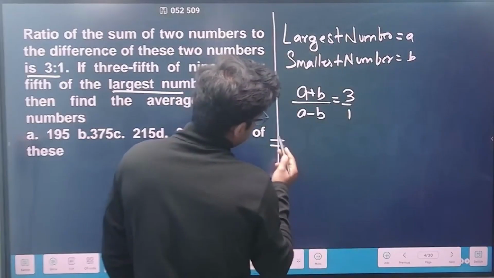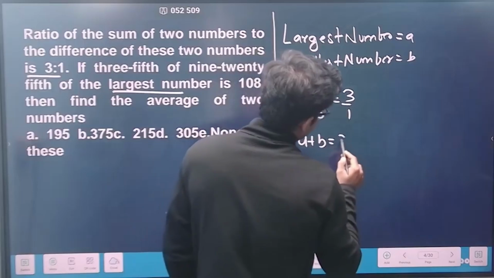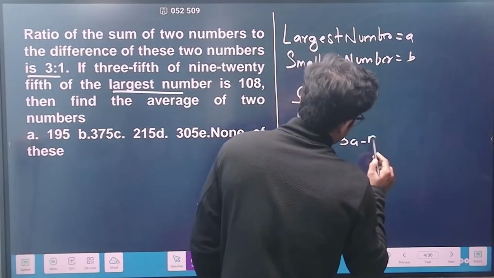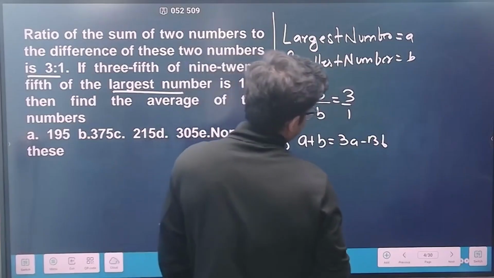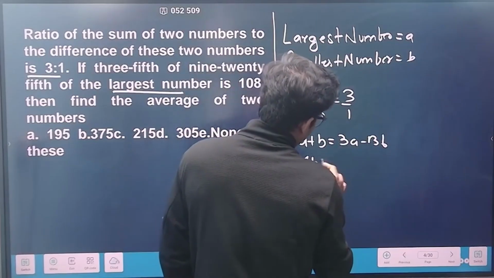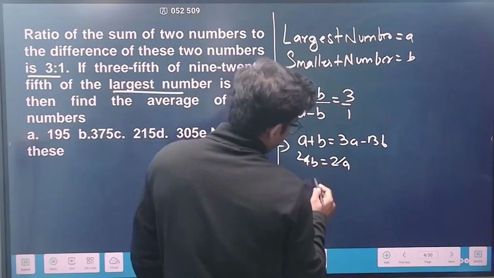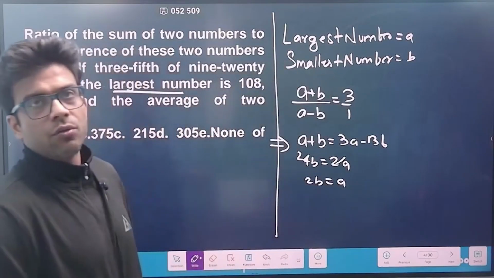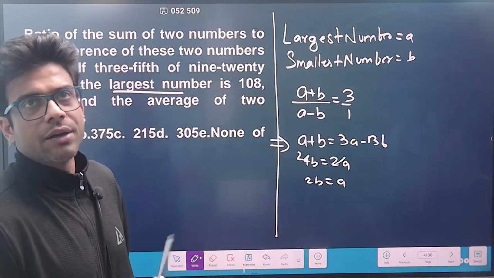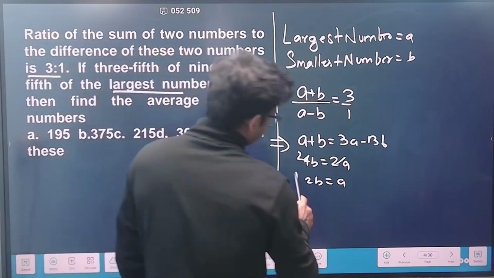Can I solve this? Yes. A plus B is equal to 3A minus 3B. From here you are getting 4B equal to 2A, so 2B is equal to A. Is it right? I hope this makes sense, everybody. This much is clear till now.